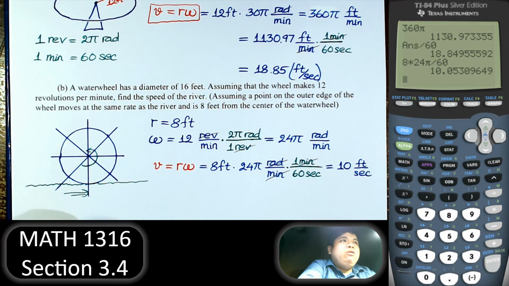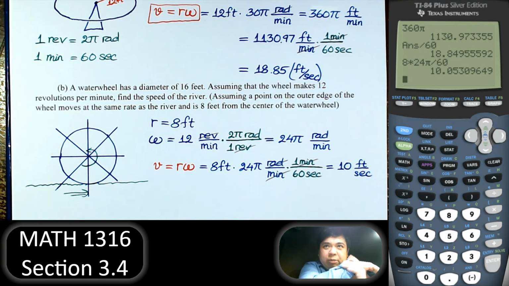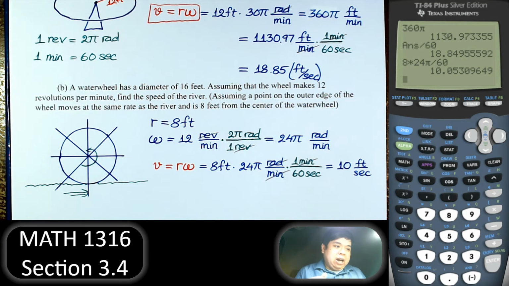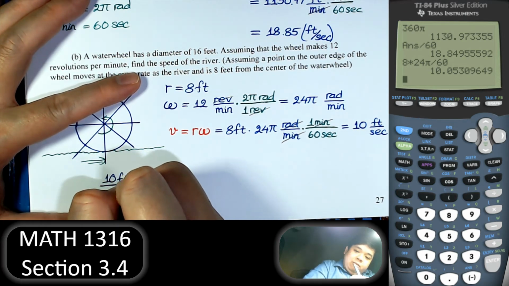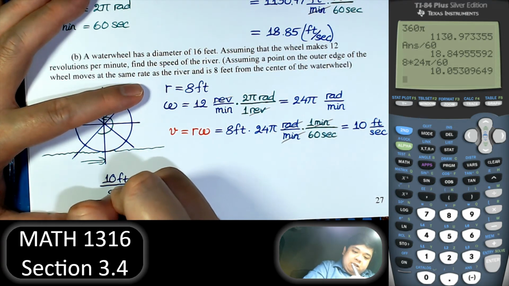Right, so how fast is that? Because if we cannot visualize it, usually we change to meters per second, which is something we can visualize, or miles per hour. Let's say we want to change this to miles per hour, how do we do that? So just write 10 feet per second, right?